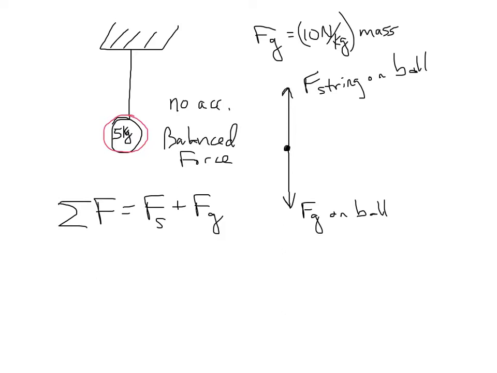Well, since this is balanced forces with no acceleration, we've also said this before, that if indeed this force of gravity on the ball is equal to the same amount as this force of string on ball in the opposite direction, we have said before that these forces must add up to 0.